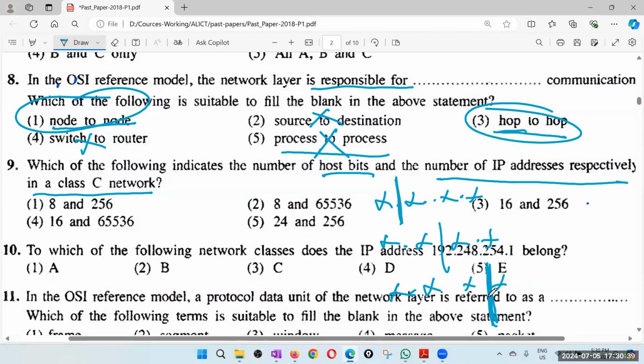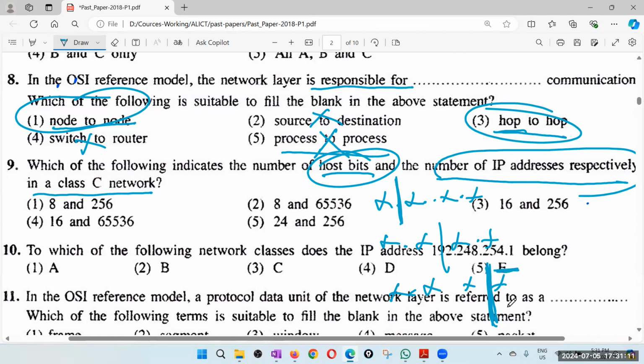Of course, we can use all those 8 bits and create one subnetwork, or you can borrow some of these bits for creating subnetworks. That is the whole idea behind subnetting. We discussed that. So the question is, which of the following indicates the number of host bits, that is 8 bits, and the number of IP addresses, that is 2 to the power 8. Because 8 bits means we are not creating subnetworks. We are creating that as one subnetwork.